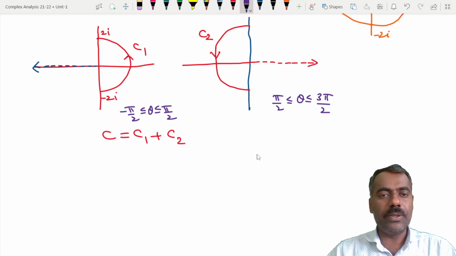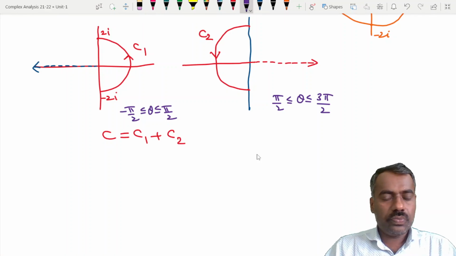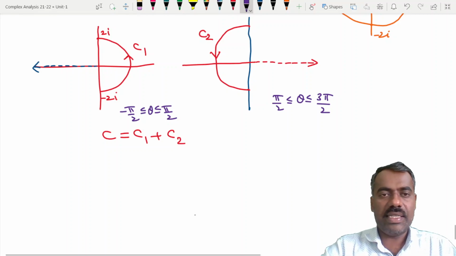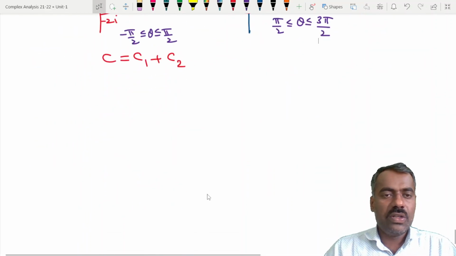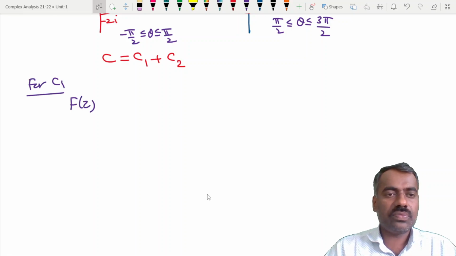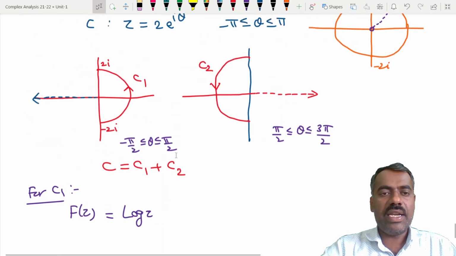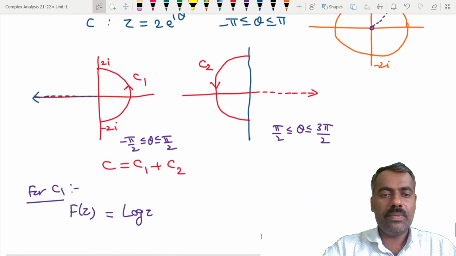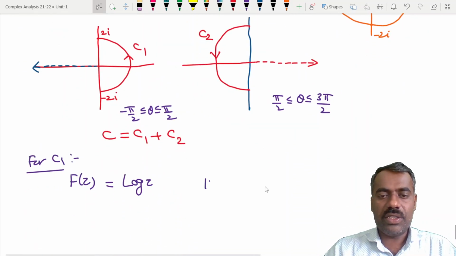This is your C. So in this case, what should be our f of z? The single valued function capital F of z, for C1, is nothing but log. That is the antiderivative of this, where mod z is greater than 0.